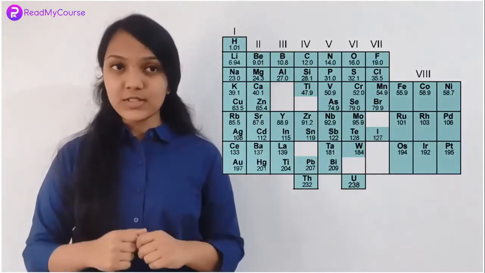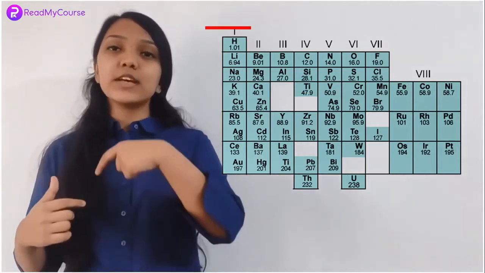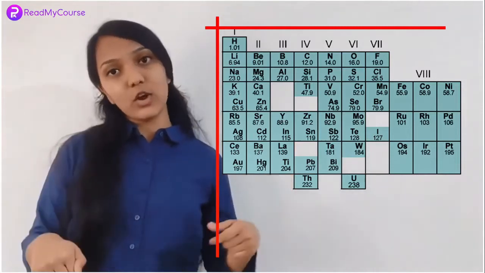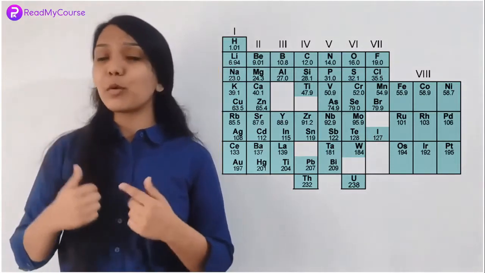Although Döbereiner was the first one who came up with this idea of trends in periodicity, Mendeleev was the first one to postulate a law, wherein he said the properties of the elements are periodic functions of their atomic weights. Mendeleev made a table wherein he arranged all these elements in horizontal rows and vertical columns, such that every column had elements with similar properties.